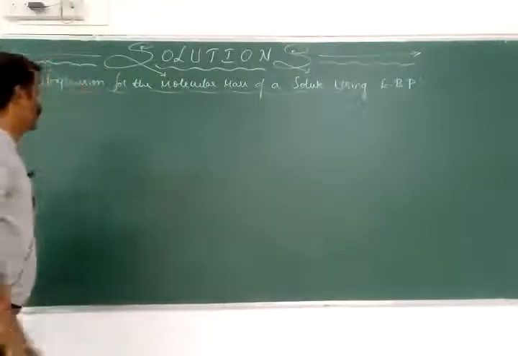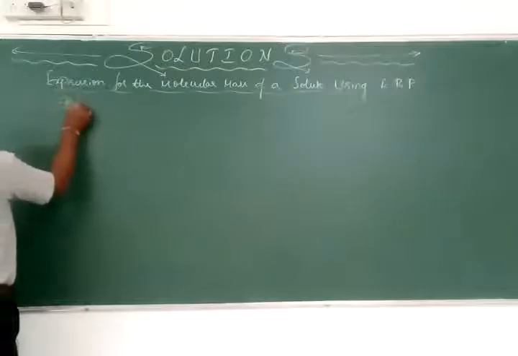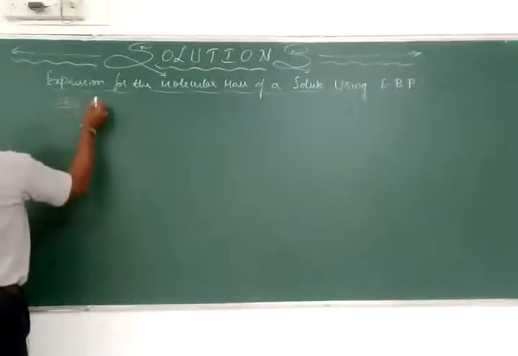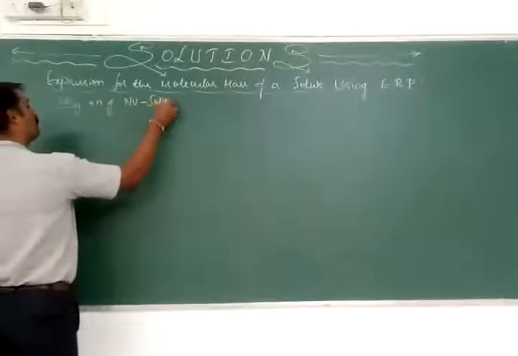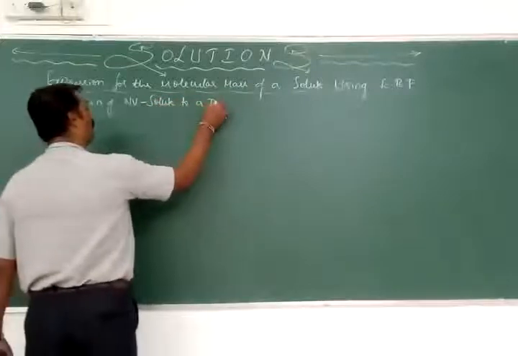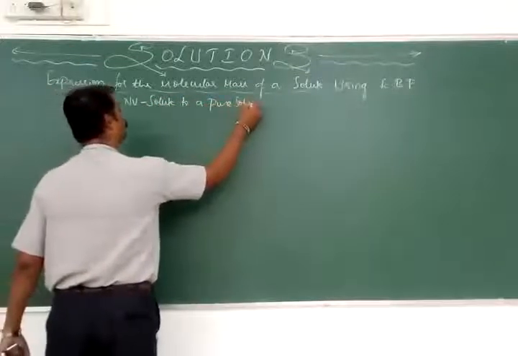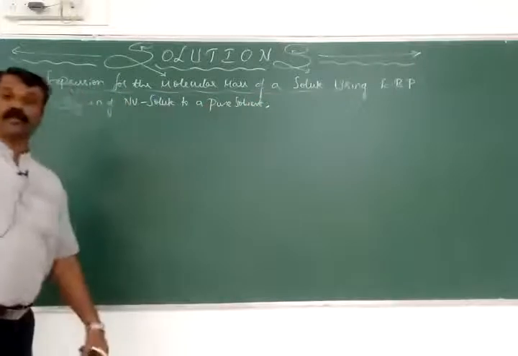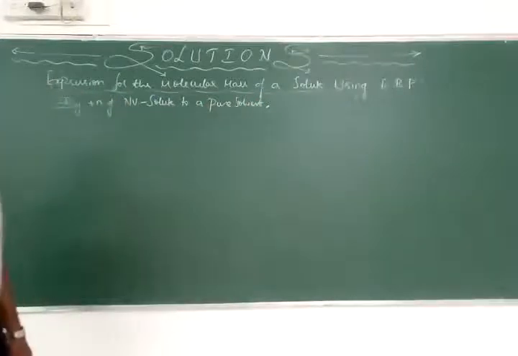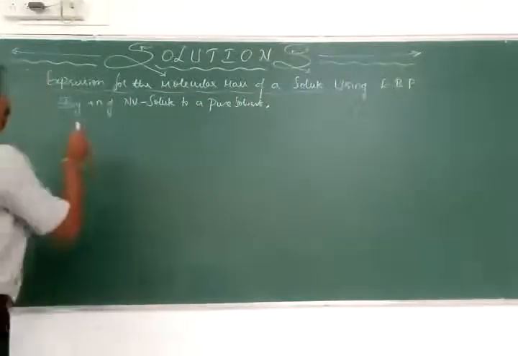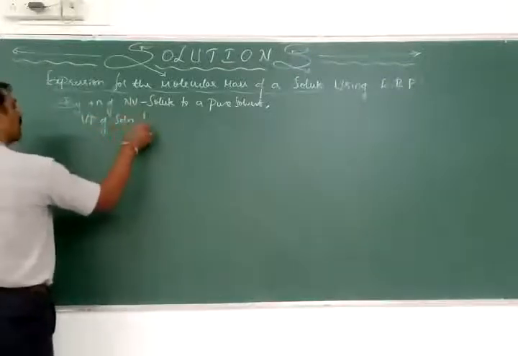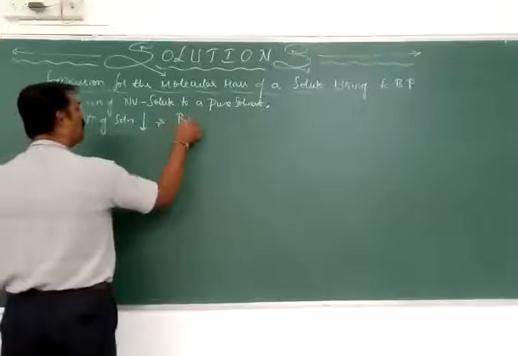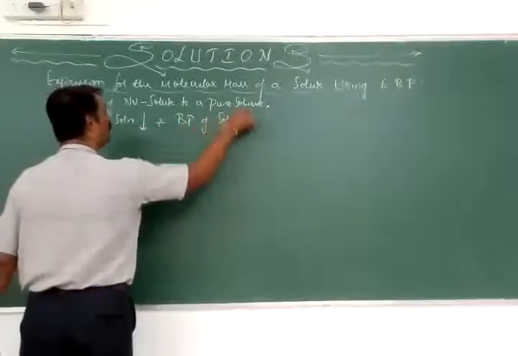Here, by the addition of a non-volatile solute to a pure solvent, if I add a non-volatile solute to a pure solvent, the vapor pressure of the solution goes on decreasing, and the boiling point of the solution goes on increasing.